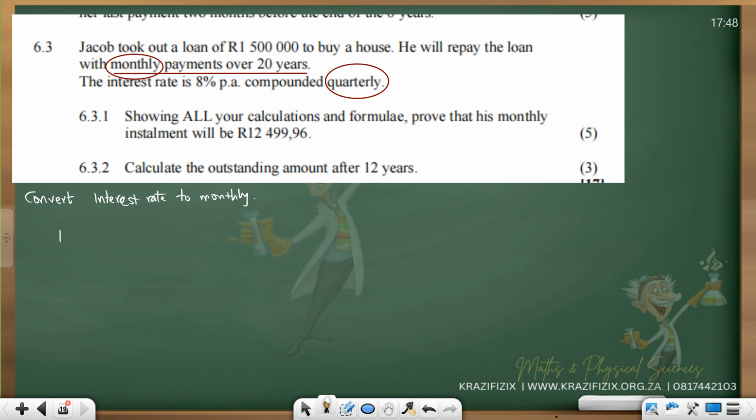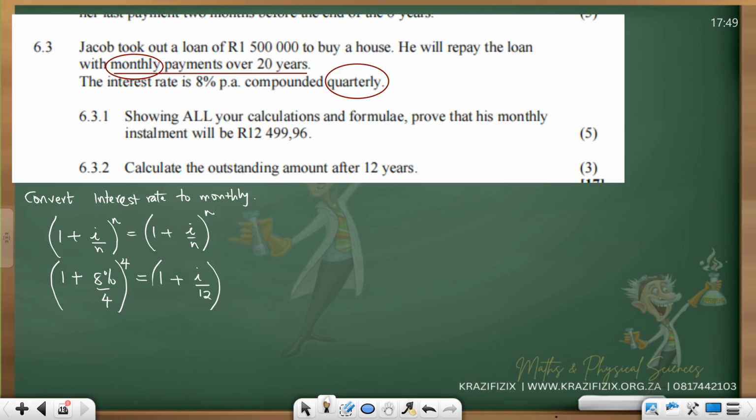All right, so 1 plus the interest, you can simply use that, equals to a gain. Now let us convert quickly. What interest do we have? 8% quarterly. Now it's done 4 times in a year. I do not know this, but I want it to be monthly.